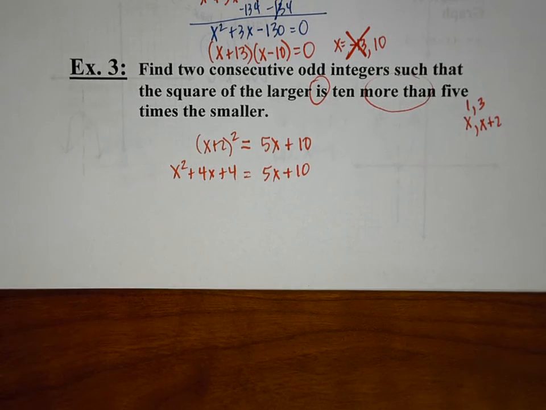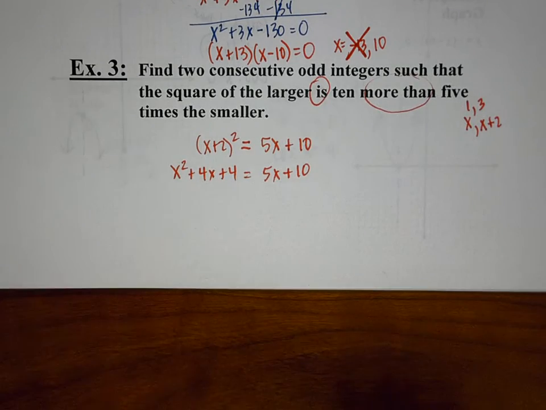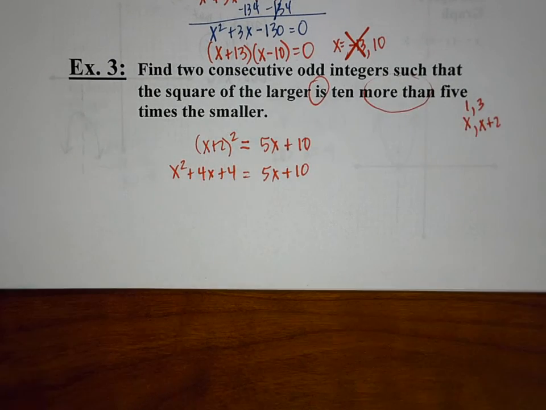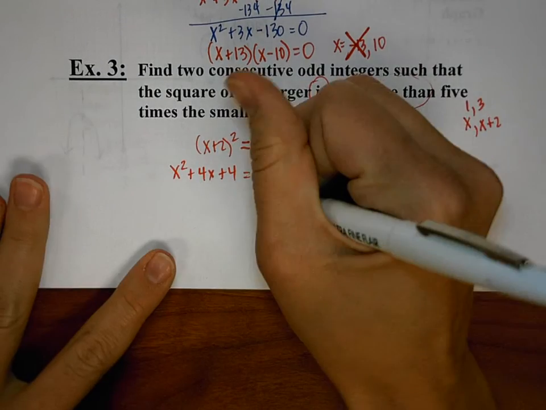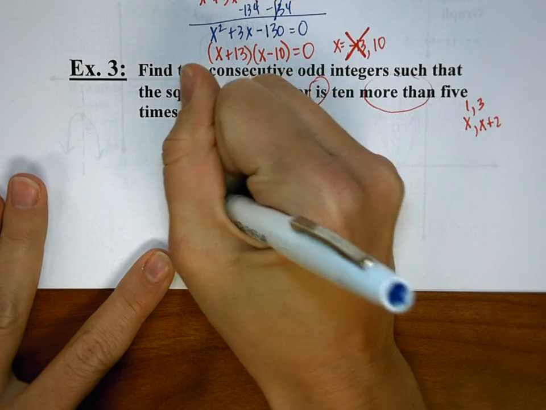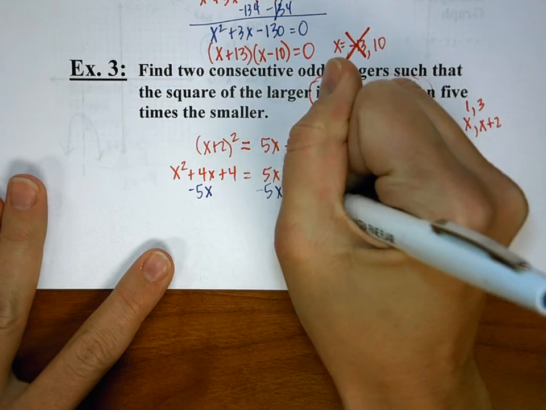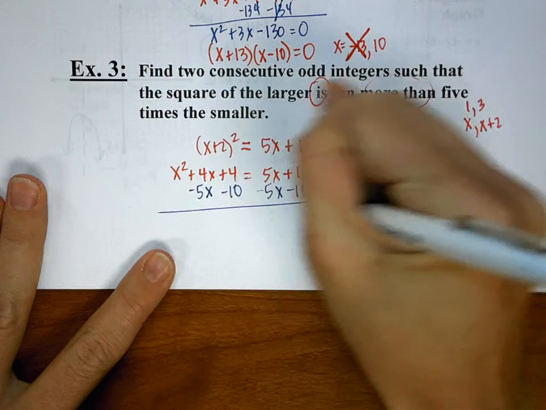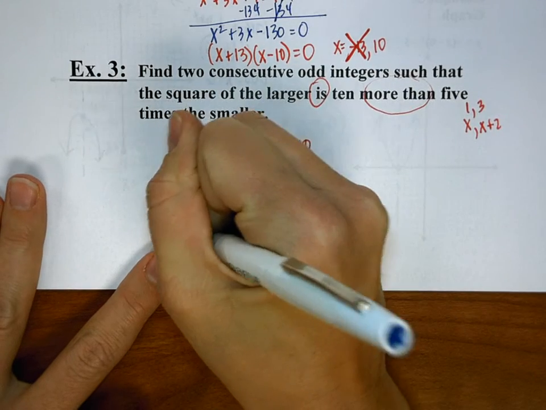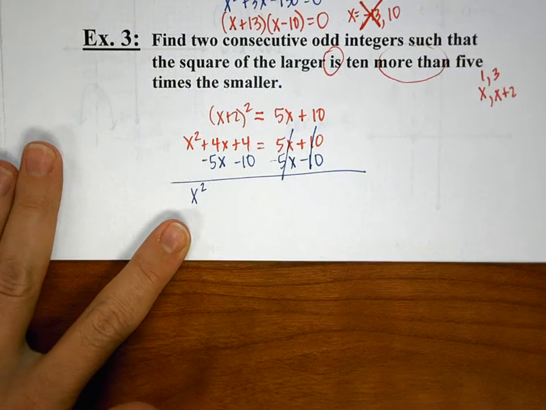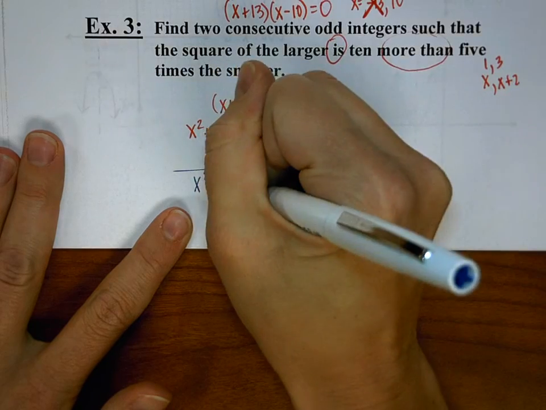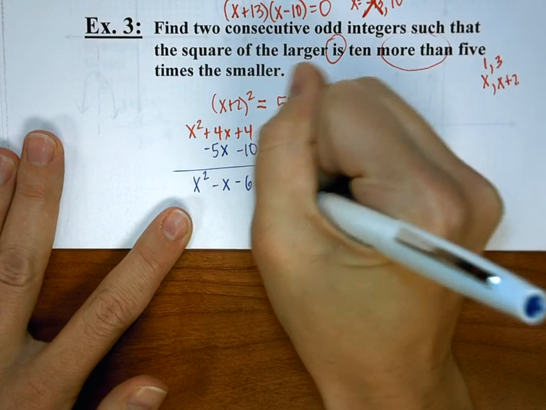All right, so when we finish this, a lot of you got the correct answer. So I need this to be set equal to 0, so I'm subtracting 5x, and I'm also subtracting 10 to make this equal to 0. So I get x squared, 4 and negative 5x makes negative x, and then this makes negative 6 equals 0.